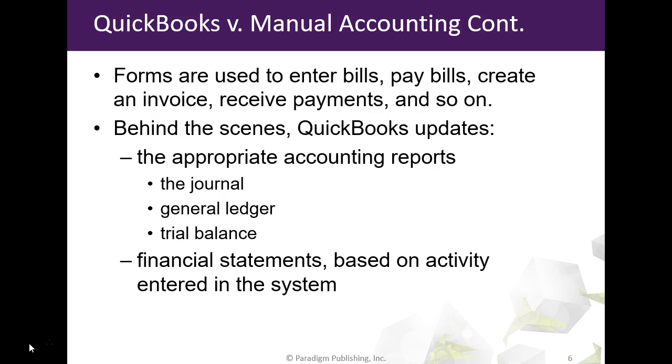With QuickBooks, you're going to not only write the check, but you're going to categorize that transaction so that as QuickBooks records that transaction, it can make the appropriate entries into your journal, your general ledger, and that will feed into your trial balance. You can then create financial statements based on the information that you've entered. But again, if you don't properly categorize your transactions, then your financial statements will be inaccurate.